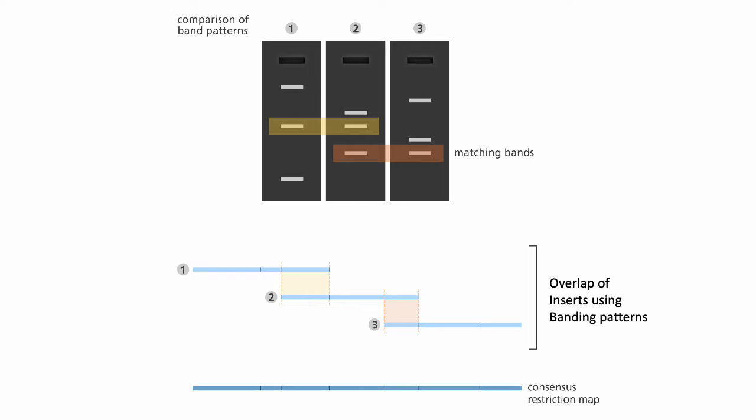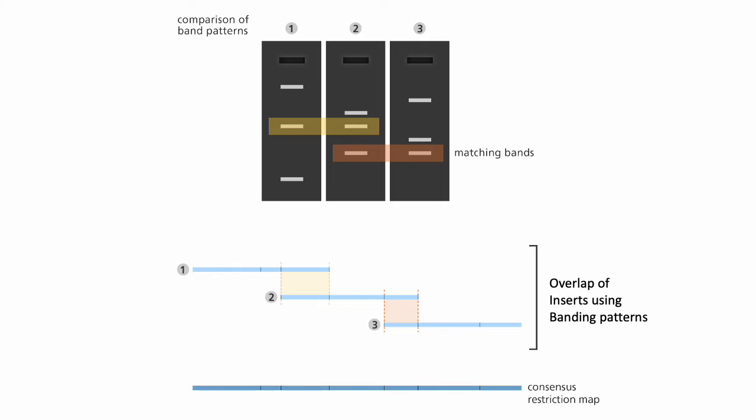Here, suppose that numbers 1, 2, and 3 refer to the inserted genomic fragments in 3 different BACs. And suppose, in this hypothetical case, you got lucky and inserts 1, 2, and 3 are overlapping. If you use the same set of restriction enzymes to make cuts along fragments 1, 2, and 3, then if you look at fragments 1 and 2, because they overlap, the restriction enzymes will make the same cuts along that overlapping fragment.